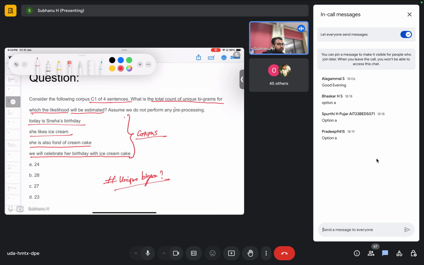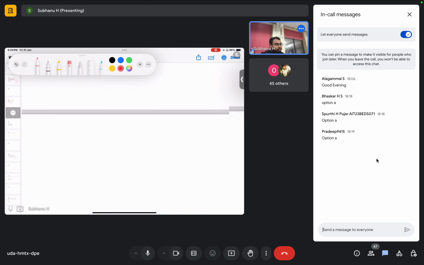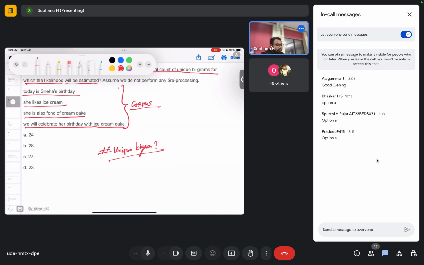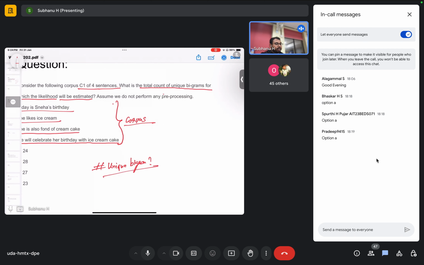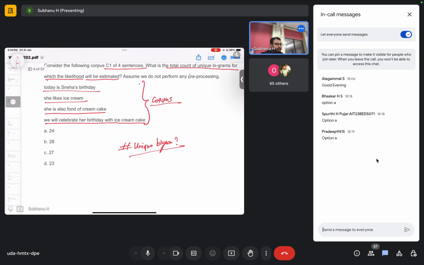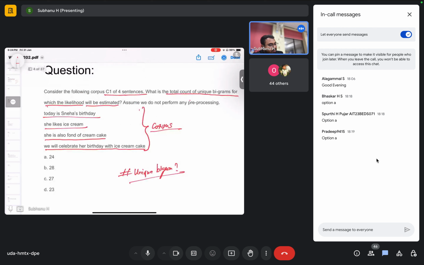Okay, so you have four sentences. If you know how to solve it, then you know. If you don't, I am trying to give you an idea so that you can do this exercise and tell me how we can count the unique bigrams. At the beginning of every sentence we add a starting sign, and at the end we add an ending sign.